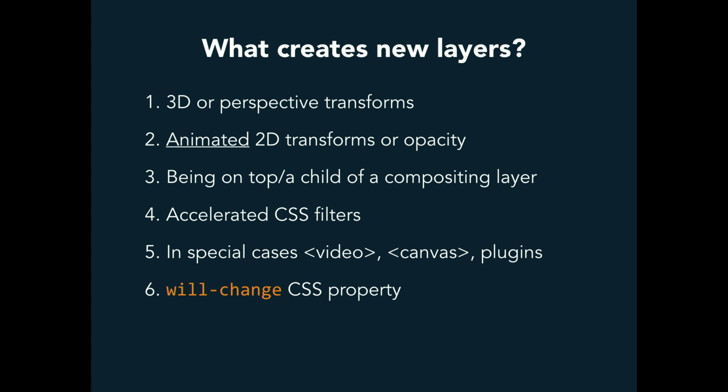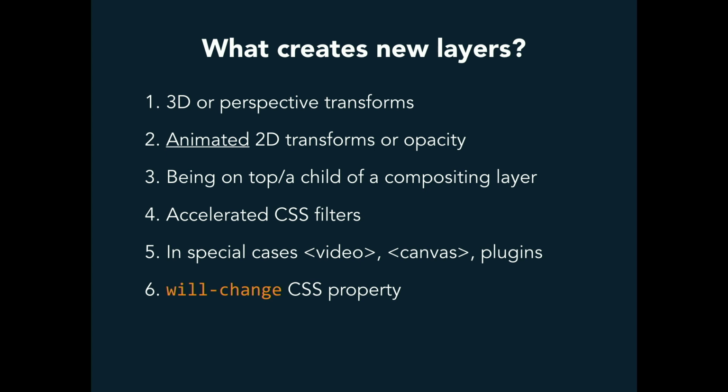In some special cases, if we have tags such as video or canvas, or if we use plugins like Silverlight or Flash, then the browser knows, okay, so probably there is going to be a video. This part of the page is going to be changing a lot. So maybe let's just put it on another layer because it will make it easier for the rest of the page to be rendered.